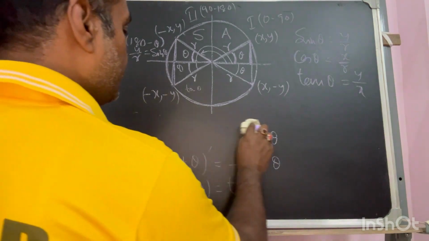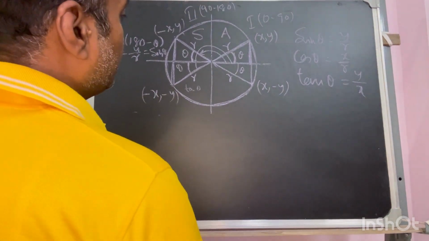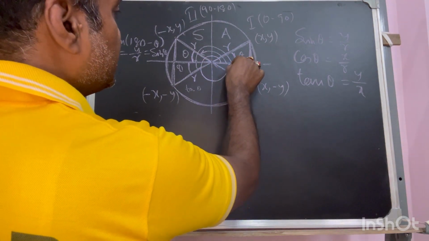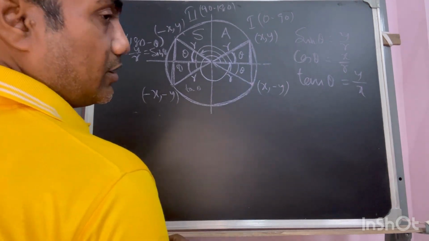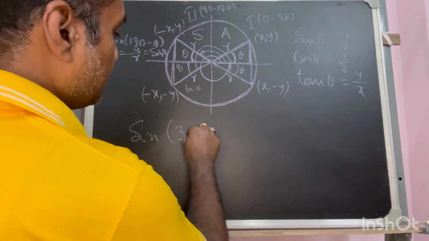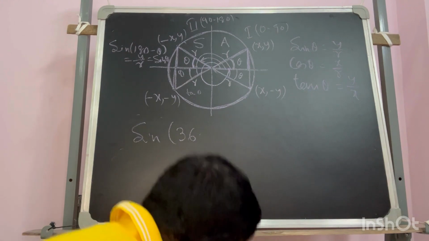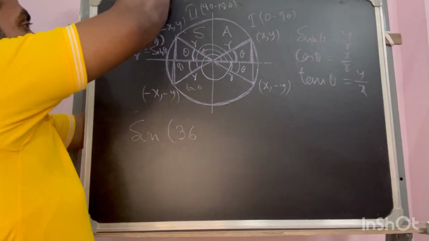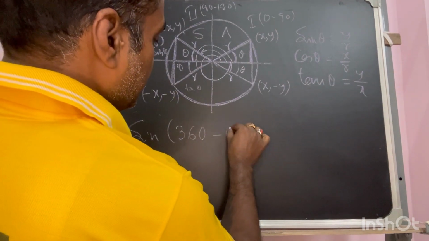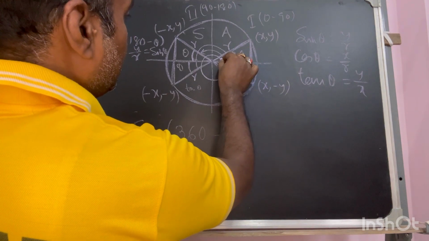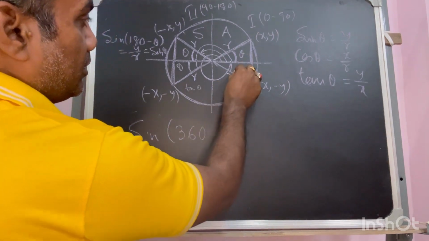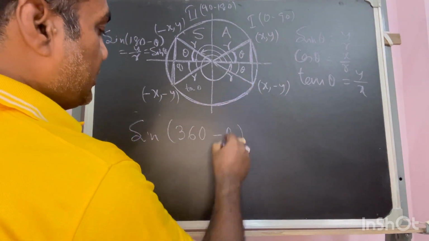Okay. Now if I go to the fourth coordinate, what is the angle? This is 360 minus theta. So here if I want to calculate sine of 360 minus theta, because I have taken a round up to the whole circle and then come back by theta, the angle which will denote this position of the arm is 360 minus theta.